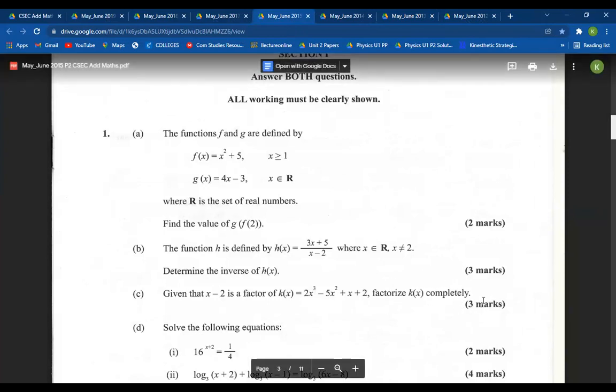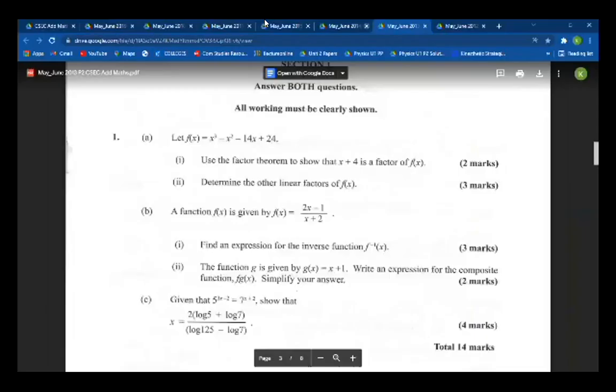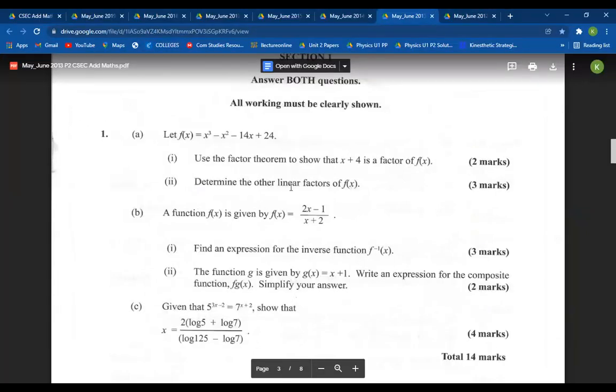Well, factorize completely. We did this first part in class, in the last class. This is what we're doing now.